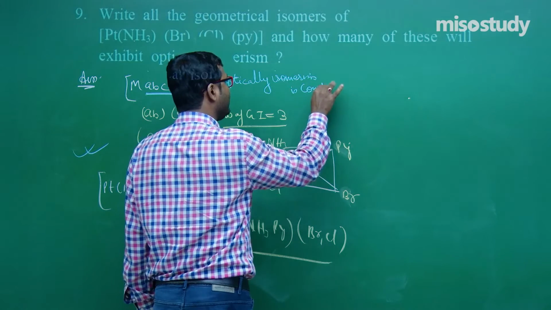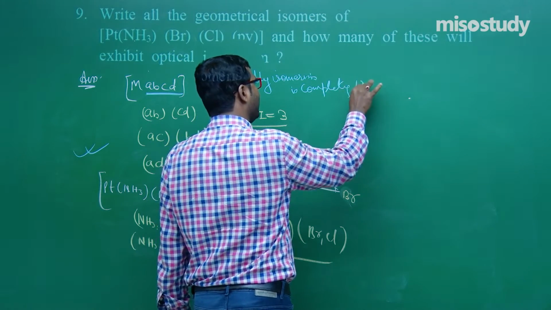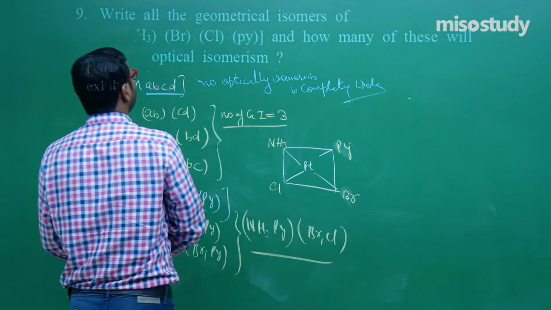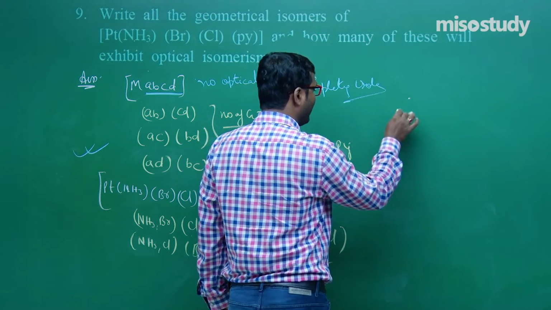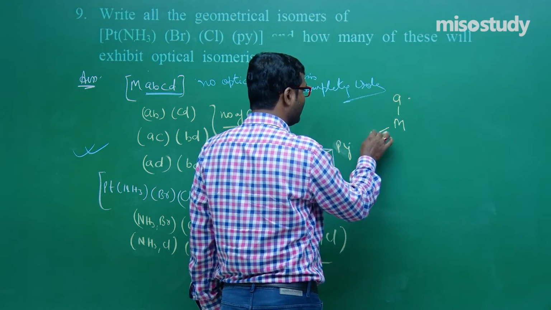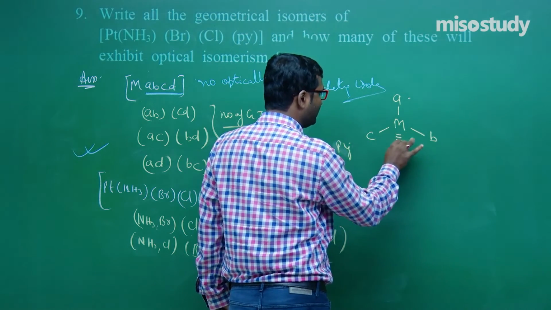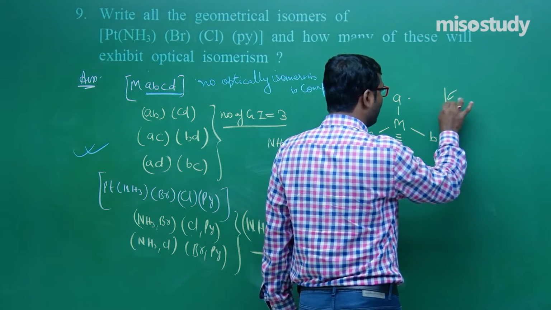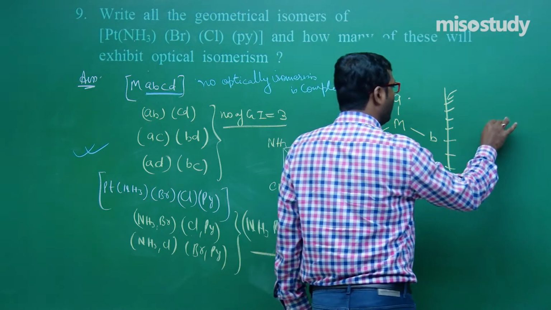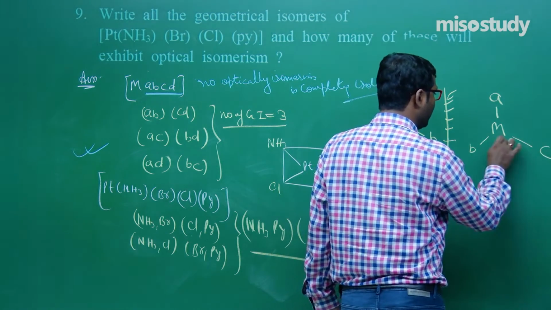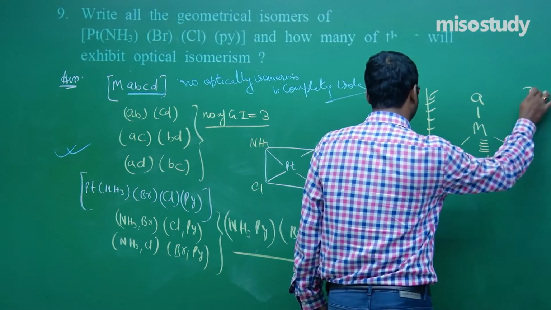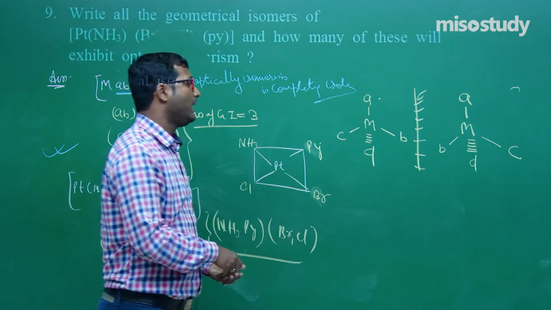Still, they say there is only one case. If I write here M, A, this one is C, this one is B, and this one is D, there is the possibility of mirror image formation. That is B, that is C, and this one is D. That is a non-superimposable mirror image.